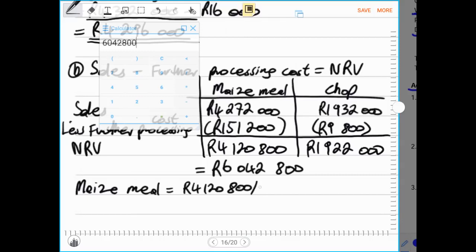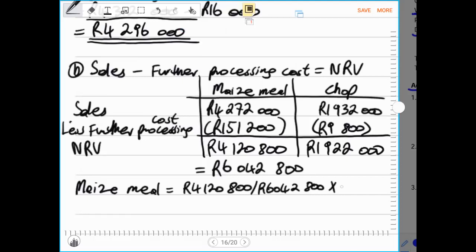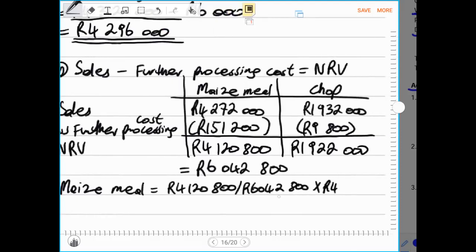We divide this by the total, which is 6,042,800, and we multiply this by the total joint cost, and our joint cost is 4,296,000.